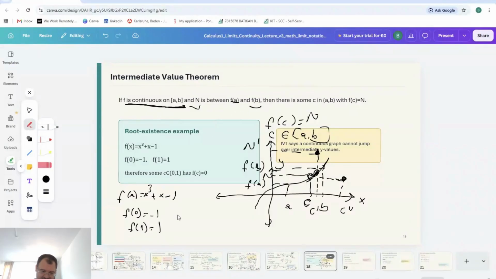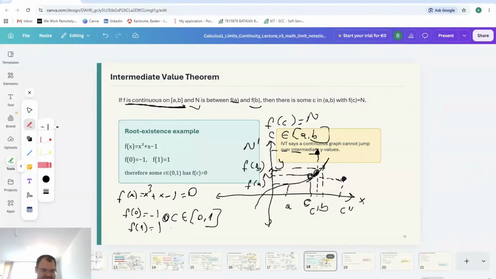We need to check whether there is a c such that c is a root of this function and c is between 0 and 1. According to the intermediate value theorem, we have minus 1 and 1 and we are checking the root of this function, which is 0. 0 is our n number here. Is 0 between minus 1 and 1? Yes, not the root of this function, but the value of this function. Is 0 between minus 1 and 1? This must be equal to 0. Yes, 0 is between minus 1 and 1.